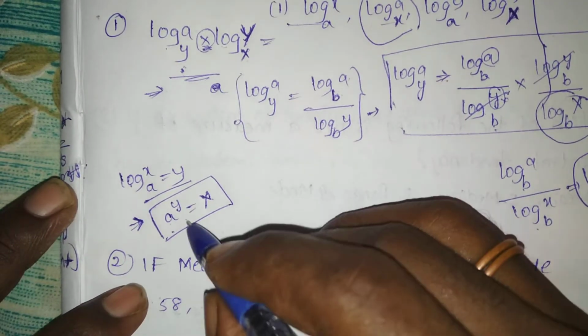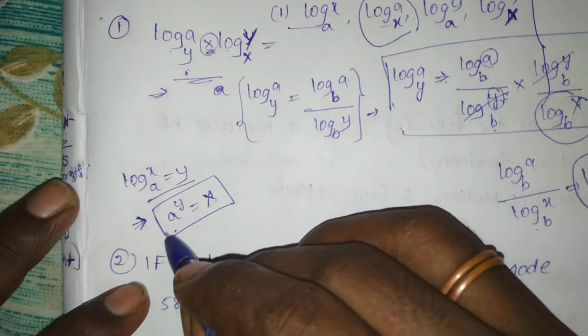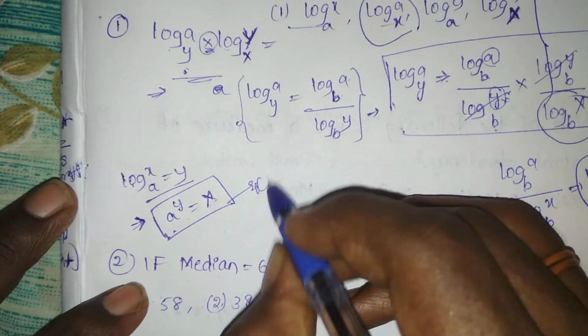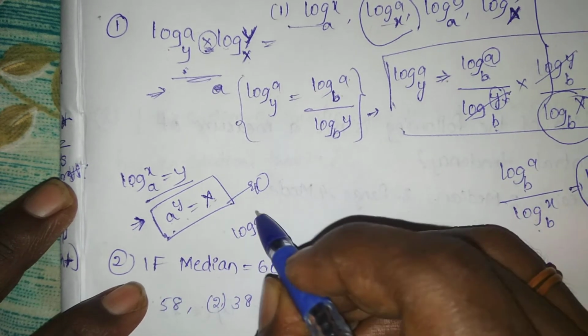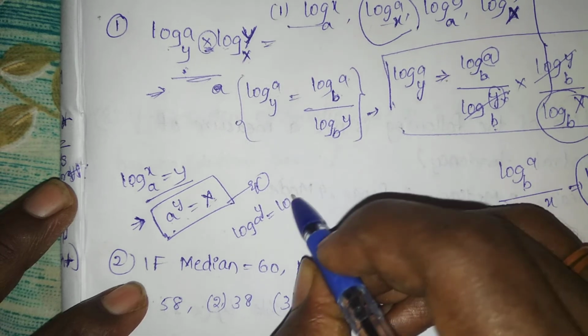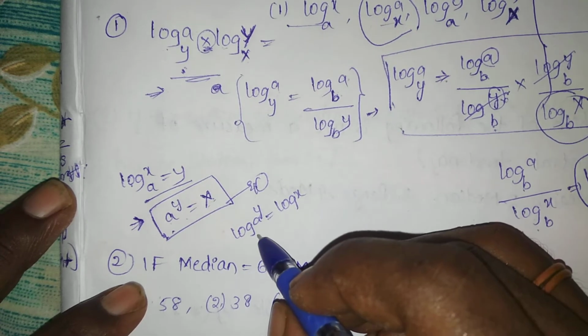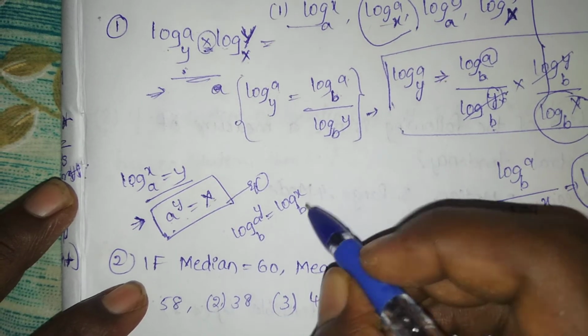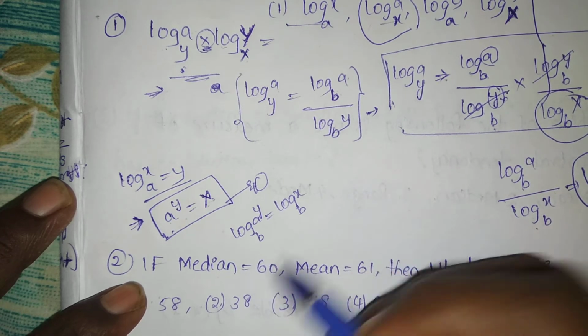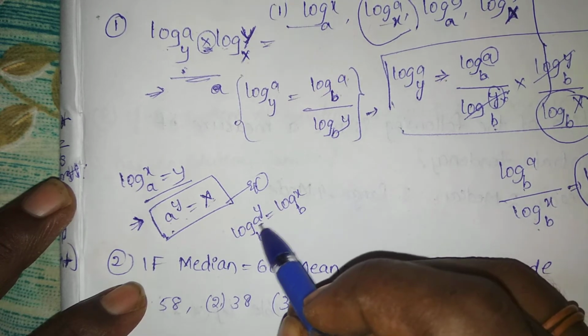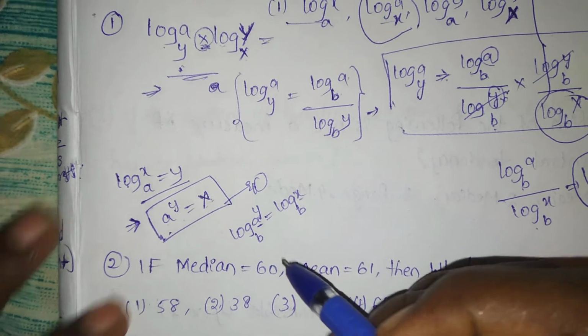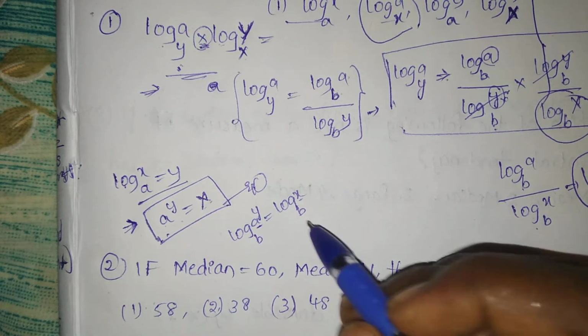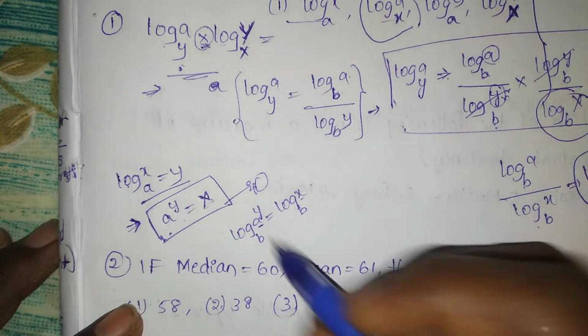Then applying the logarithm on both sides of this equation 1, log a to the power y is equal to log x. I am considering the base b. You can assume 10 or any base you wish, but here we have a constant, so I am considering the base as a constant.